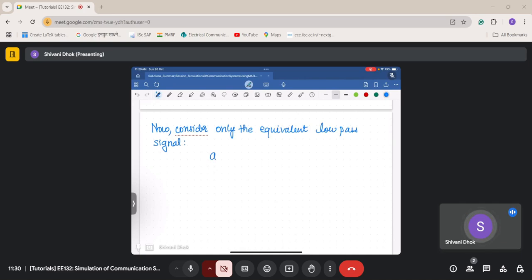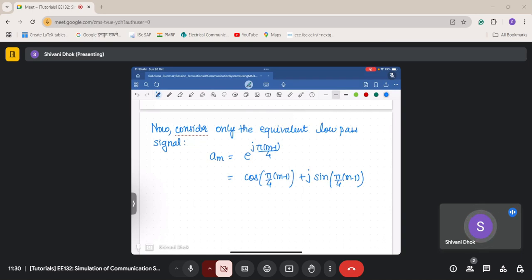So we have this Am as e power j pi m minus 1 by M, and here M was 8, so this comes out to be equal to 4. This you can write as cos of pi by 4 (m minus 1) plus j times sine of pi by 4 (m minus 1).